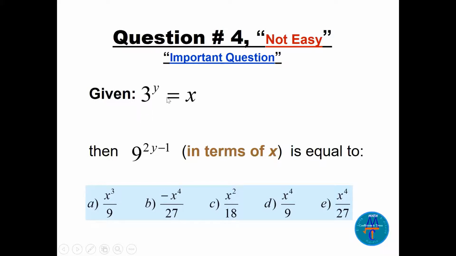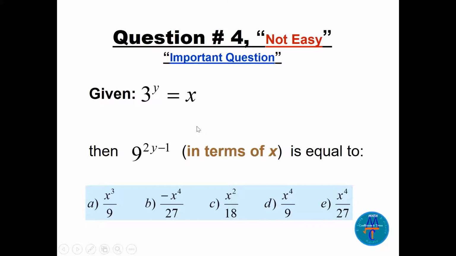Okay, 3 power y is x. I need you to find 9 to the power 2y minus 1 in terms of x is equal to this, A, B, C, D, or E. Now we cannot choose now, you have to do it. So this expression here, 9 to the power 2y minus 1 equals what in terms of x? By using the given. I know it's not easy.